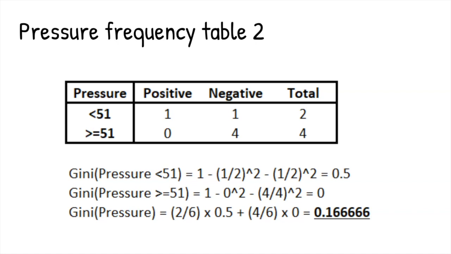So the Gini for pressure below 51 is equal to 0.5, and the Gini for pressure above or equal 51 is equal to 0. Now the overall Gini for pressure, and again it's the weighted average, is equal to 0.1666. That comes from 2 divided by 6 times 0.5 plus 4 divided by 6 times 0, 0.1666.